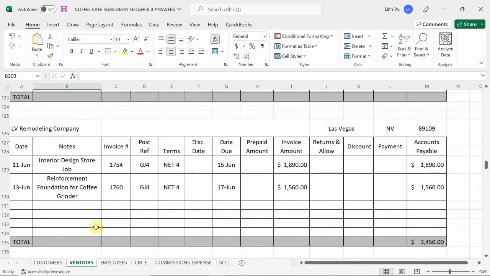We're going to pay $18.90, right? The bill that we're paying is 1754 right here for the remodeling job. If we take a look here, it says it is due on June 15, which is today, for $18.90. Perfect. Okay, good.